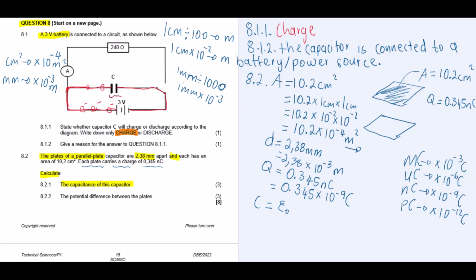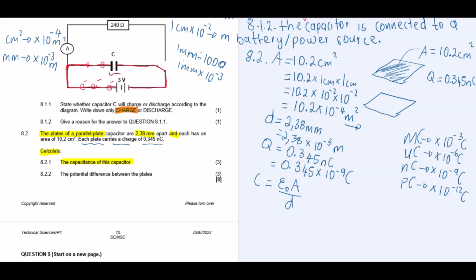Right, for us to calculate the capacitance, we know the formula: C is equal to epsilon naught times area over the distance. We can do the calculation because we've already converted everything. This is the permittivity constant, 8.85 times 10 to the power of negative 12, which is on the constants sheet, so you can find it there. And then what is the converted area?